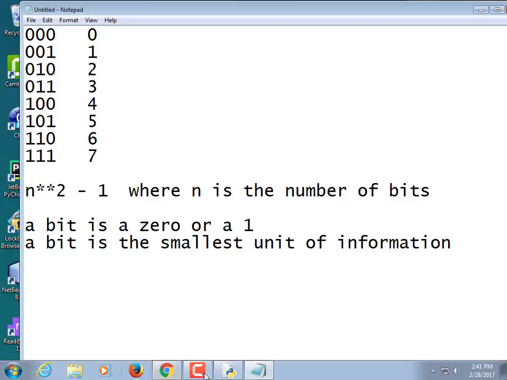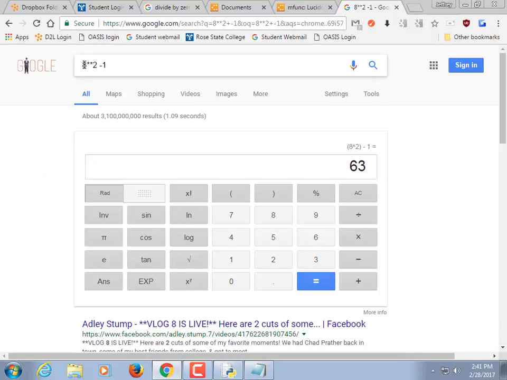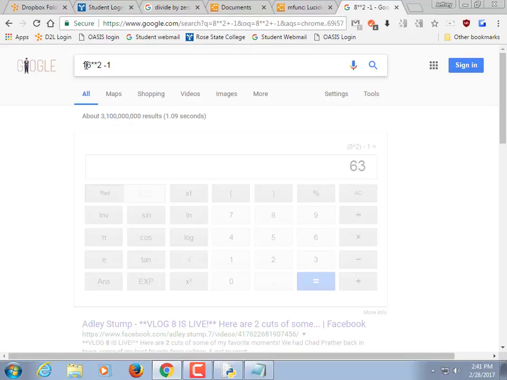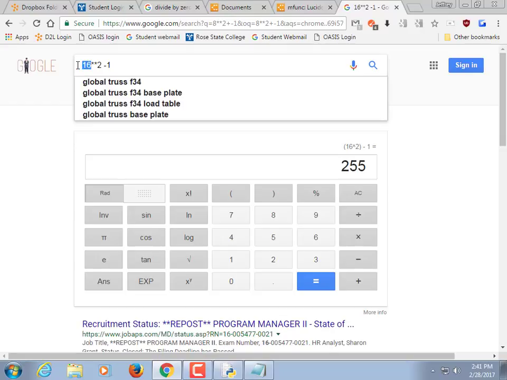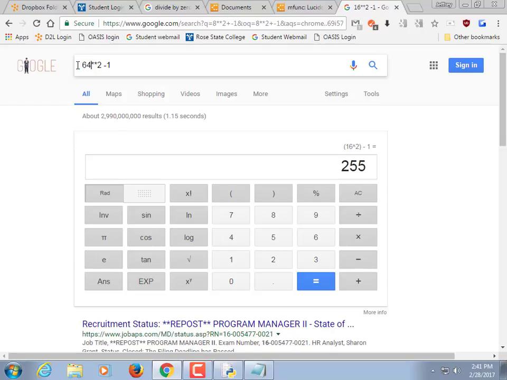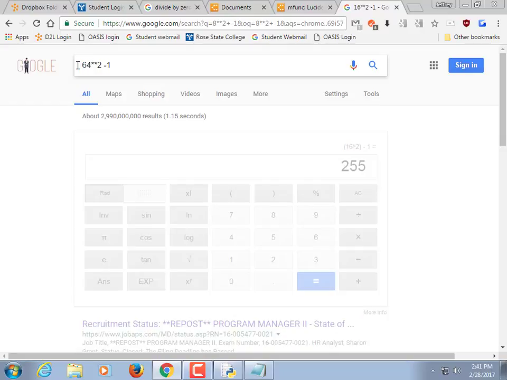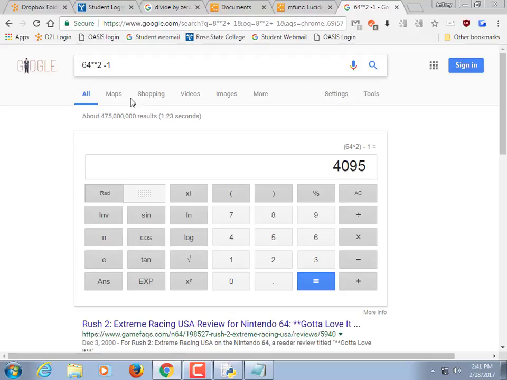Then you bought your Sega Genesis or your Super Nintendo, which was a 16-bit machine. It could display from a color palette of 255 colors. If you have a 64-bit video card, it could display 1 of 4,000 colors on the screen.